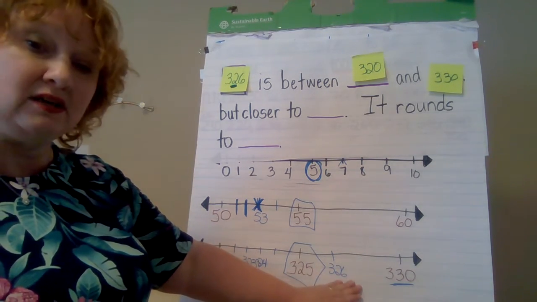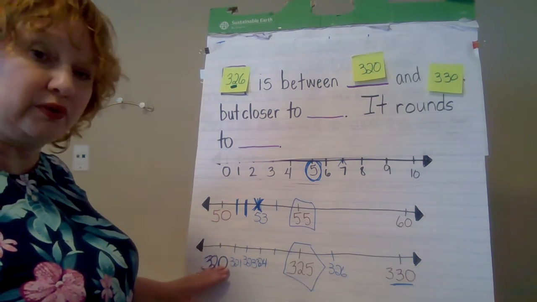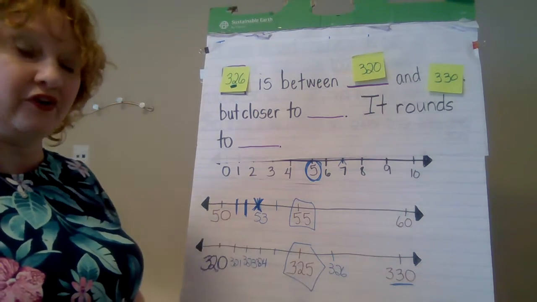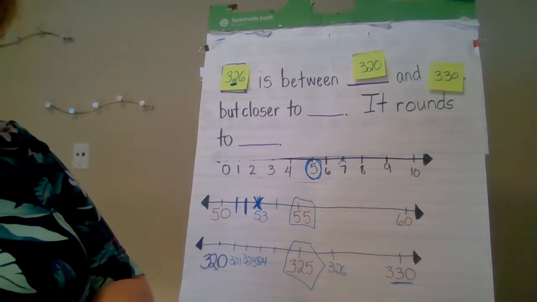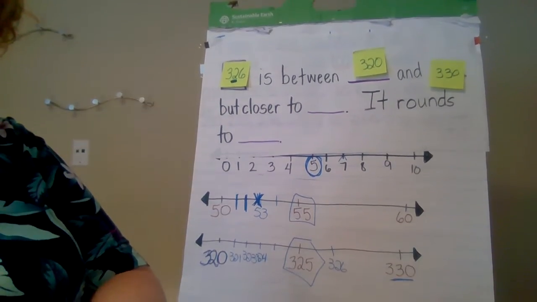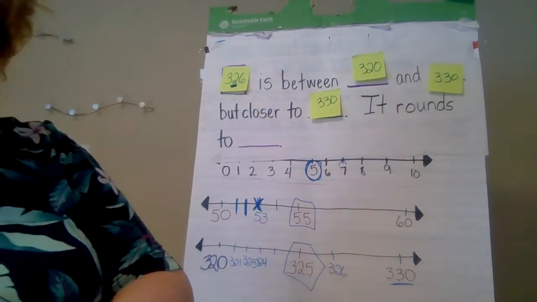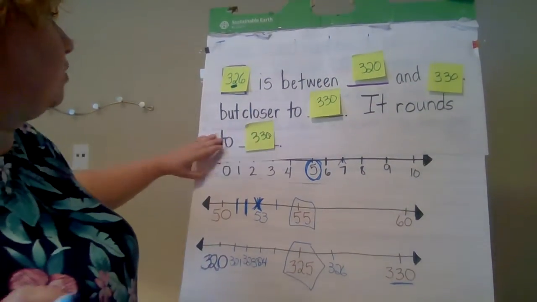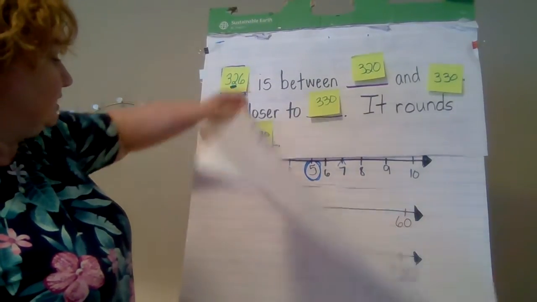Which one is it closest to? 326 is closer to 320 than to 330. So we can put that down on our chart. It is closer to 330. And that means it rounds to 330. The next one that we are going to do is if we are going to round to the nearest hundreds.